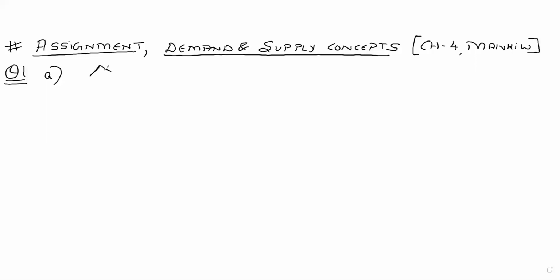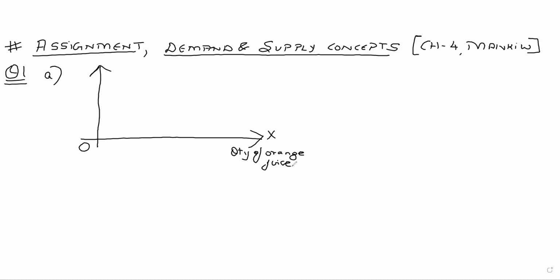So when we draw a diagram, it is going to be on the x-axis quantity of orange juice, on the y-axis price of orange juice. Okay, I think the information is given in dollars, so we can take it in dollars.